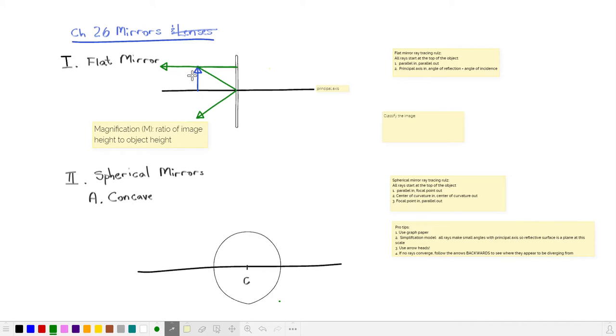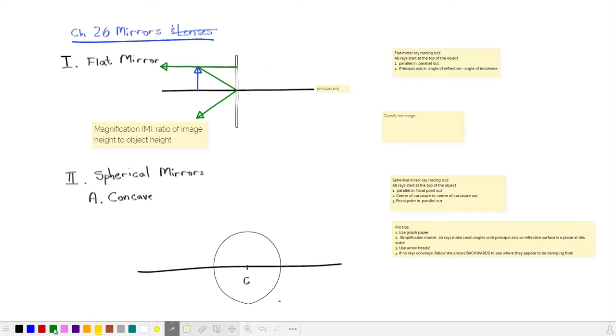That's because if no rays actually converge out here, then what our eye, what our mind does to form an image, is it extrapolates. It figures out where the light appears to have been coming from. So your image is basically just an optical illusion. You don't actually have a friend behind the mirror.